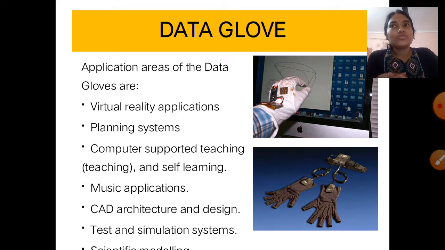Data globes are used in virtual reality applications, also used in planning system, computer supported teaching and self-learning, music applications, CAD architecture and design, test and simulation system, scientific modeling. In these fields, data globes are used.